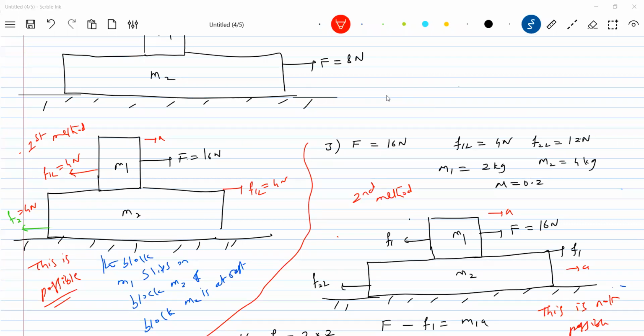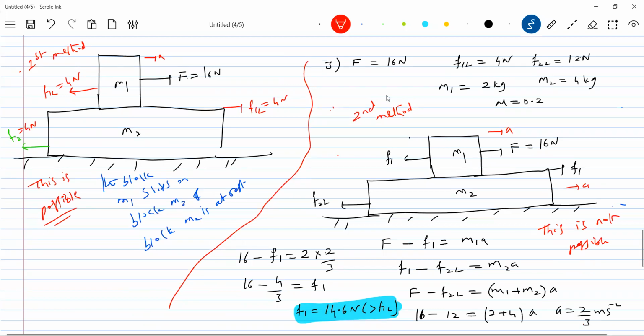Yes, anybody doubt? Shall I continue? Okay. Yes, sir. This is an encrypted message. I don't know who is sending.